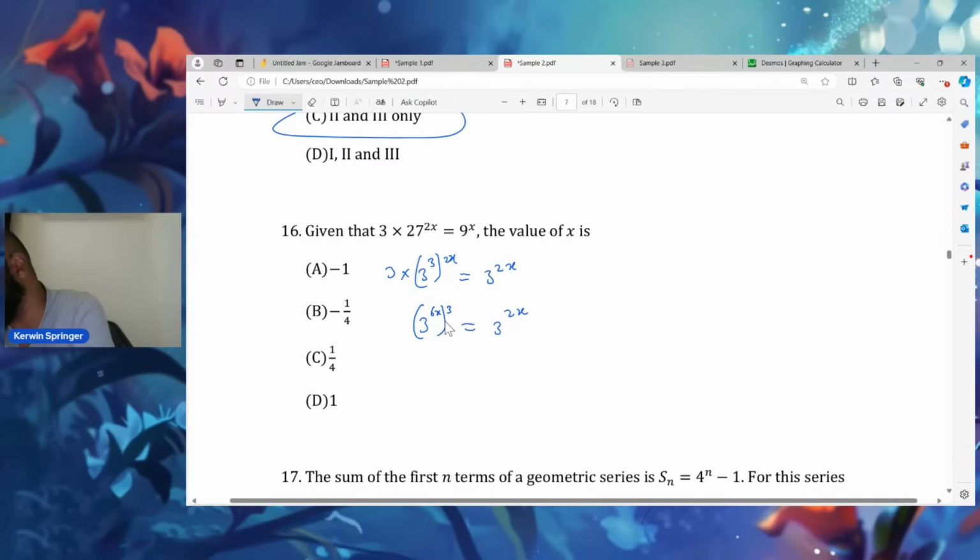Bring up the 3. So at the end of the day, 6x by 3, which is 18x, is equal to 2x.